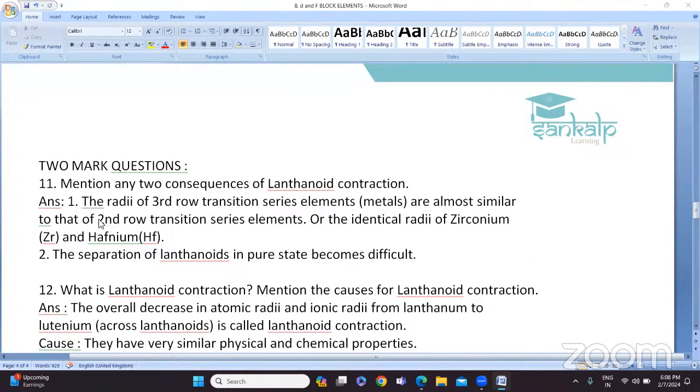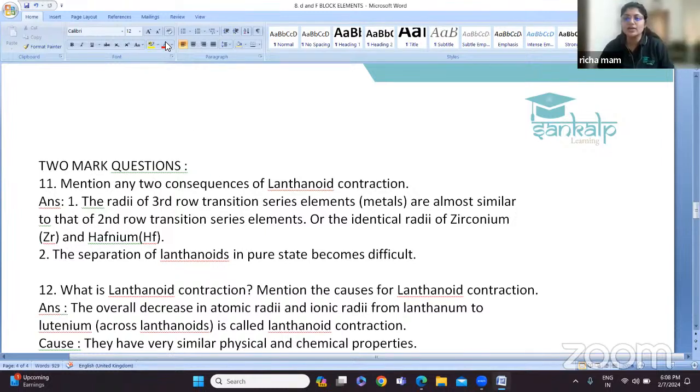For example, zirconium and hafnium. These are elements of the second row and the third row, where you can see that the radii are almost the same. Why? It is due to lanthanoid contraction. This is the first consequence.